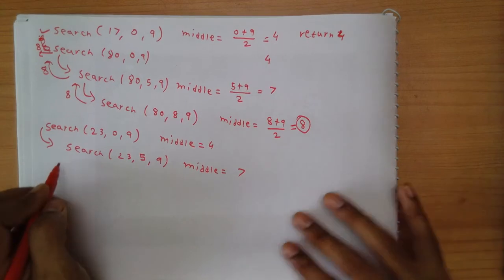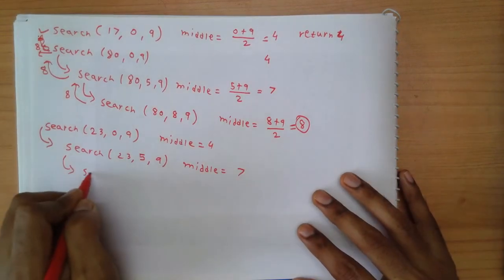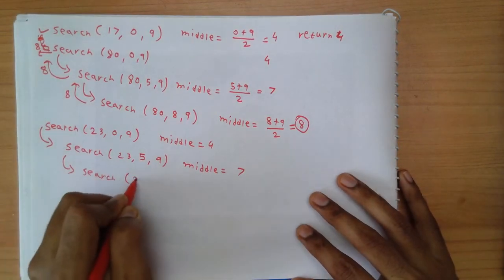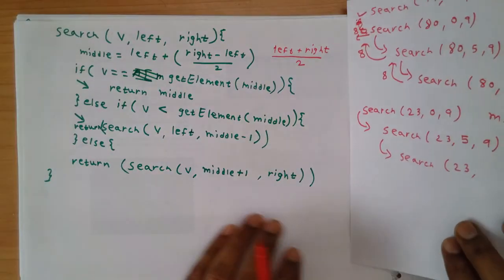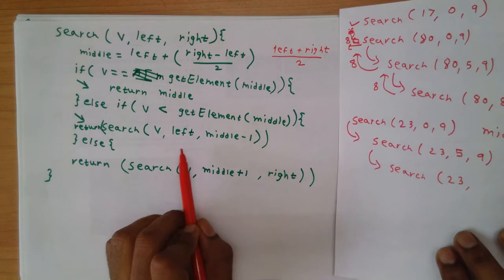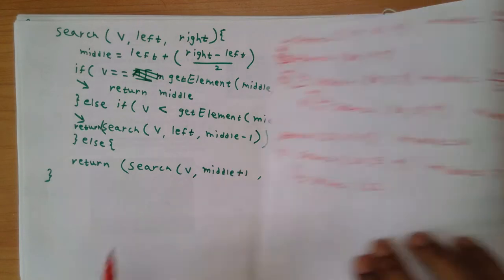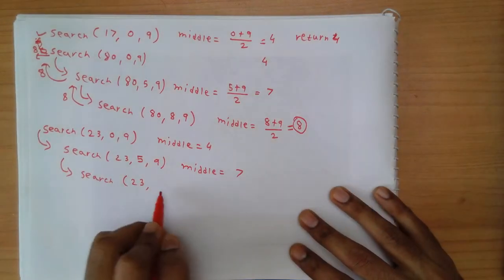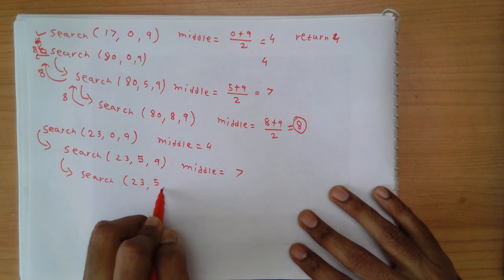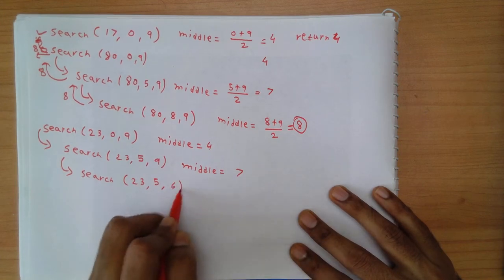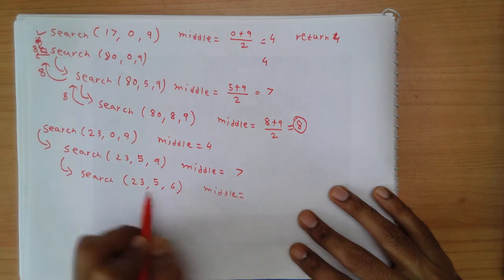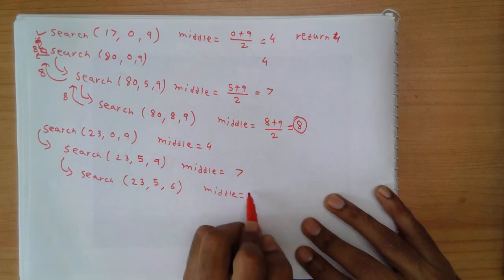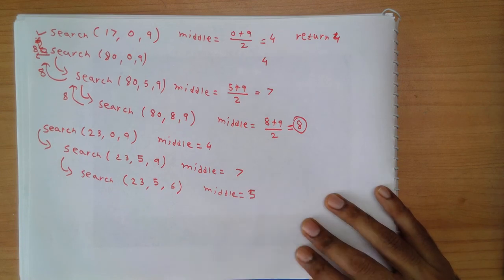So this in turn will give a call to search 23 from left up to middle minus 1. My left is 5, my middle is 7, middle minus 1 is 6, and now the value of middle is going to be 6 plus 5, 11 divided by 2, which is 5.